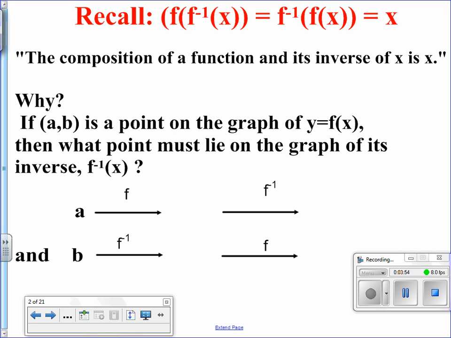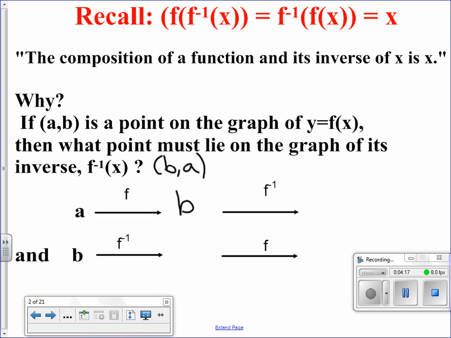And that's all an inverse function is. So if you have a point AB that's on the graph of f of x, what point has to be on the inverse? If AB is a point on the function, BA, remember all we're doing is switching all the x and y coordinates. So if you start with some number a and you plug it into the function f, what do you know you're going to get?